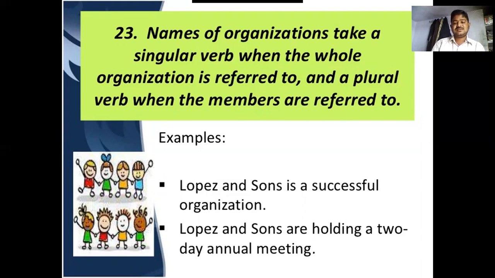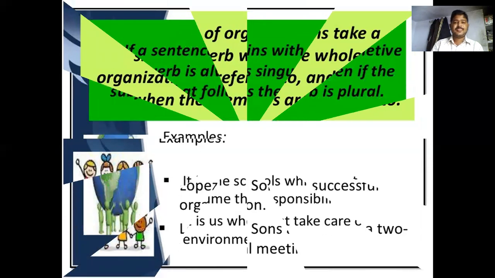Examples: Lopez and Sons is a successful organization. Tata's is a good company. Lopez and Sons are holding a two-day annual meeting.